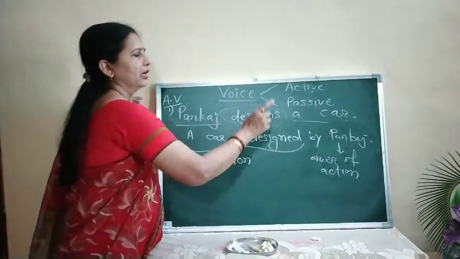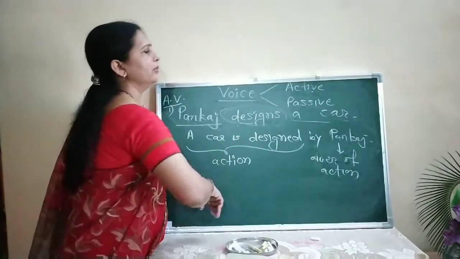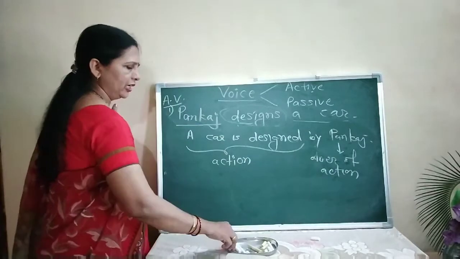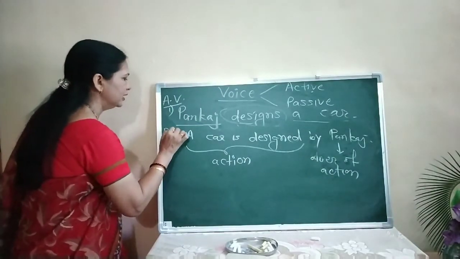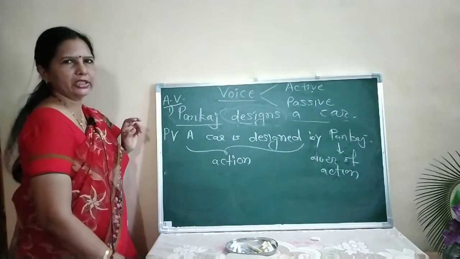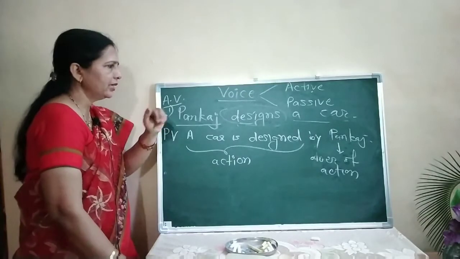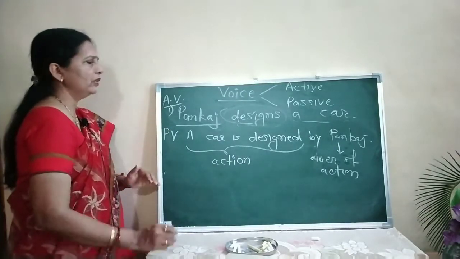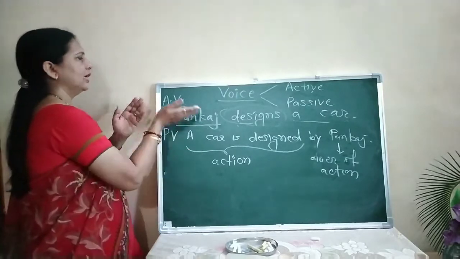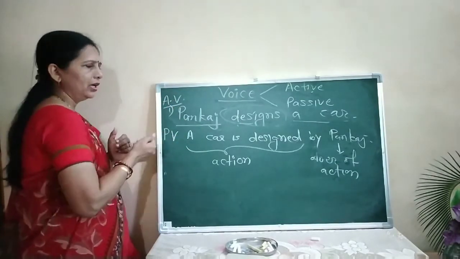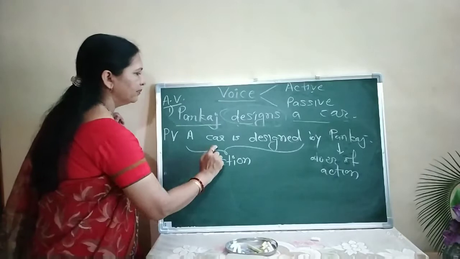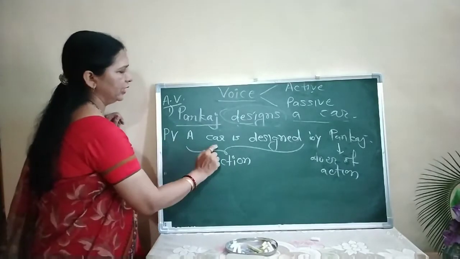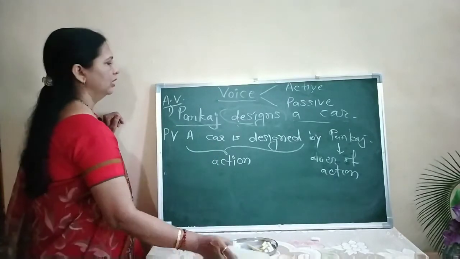And when the action is more important than the doer of the action, the verb is said to be in passive voice. A sentence is not in active voice or passive voice. It is always the verb which may be in active voice or passive voice. So here there is passive voice.